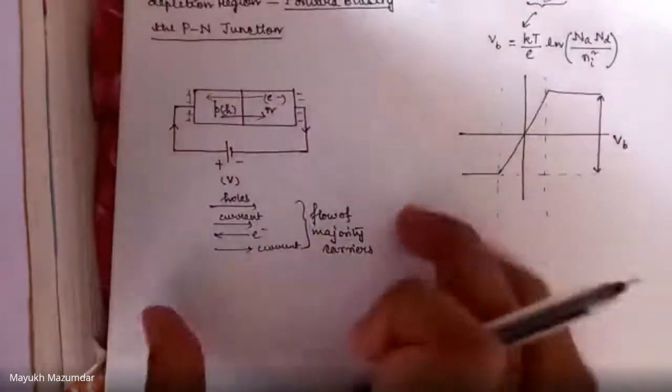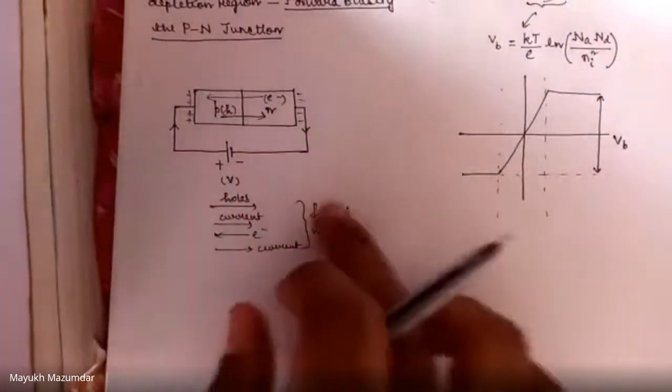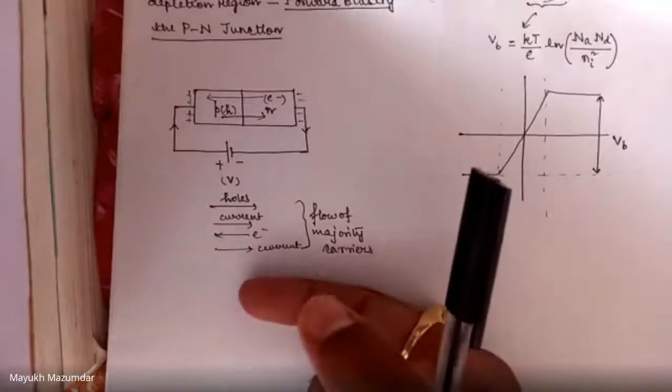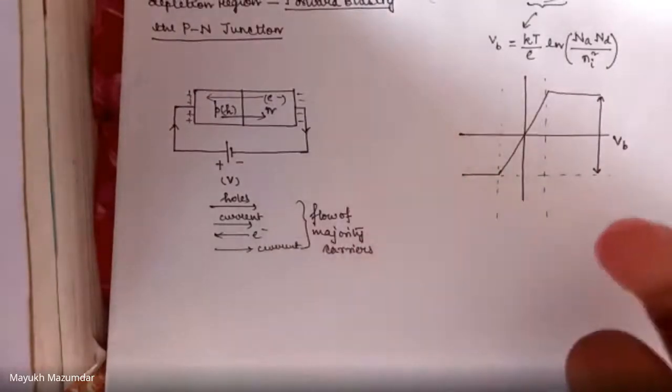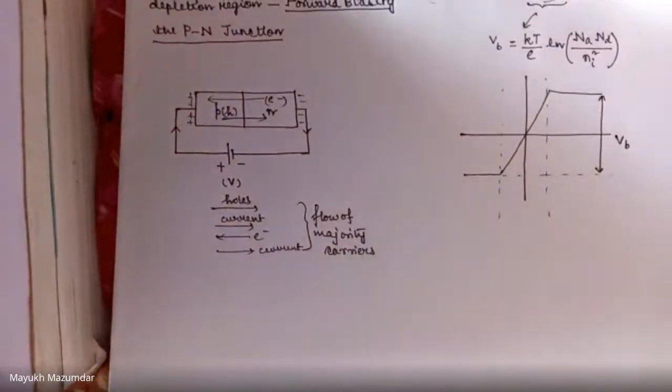So if you have current in the forward direction in the milliampere order, then you can expect the flow of minority carrier charges to constitute a very small current, like microampere or nanoampere.